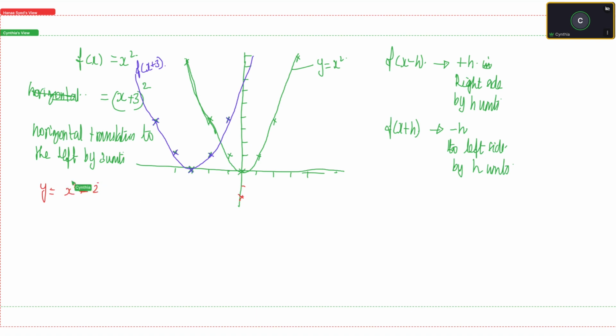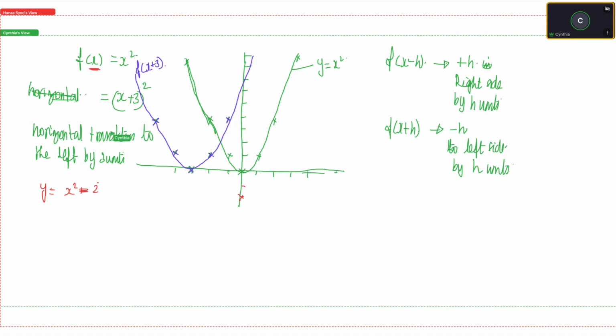One thing: any changes inside the x, like you see, x has become x plus 3 the whole square. The changes are inside the x. When it is inside the x, it affects the x coordinate. It is horizontal, even if you take reflection.